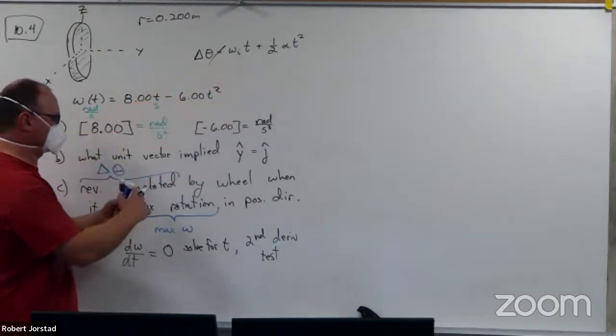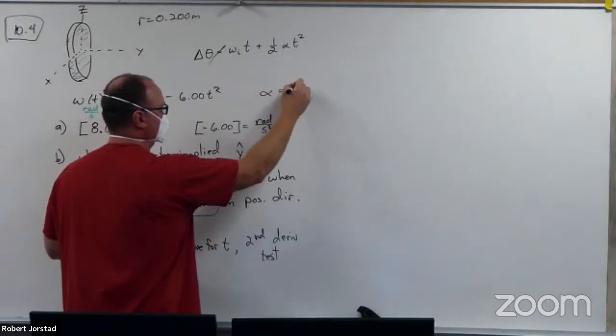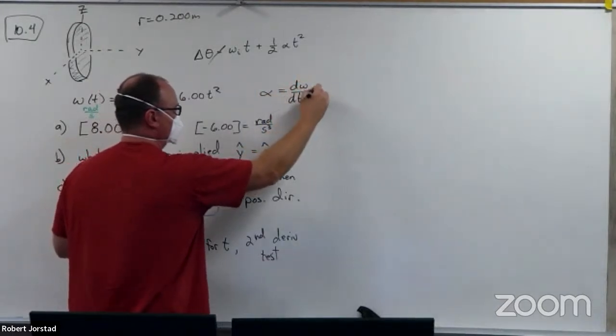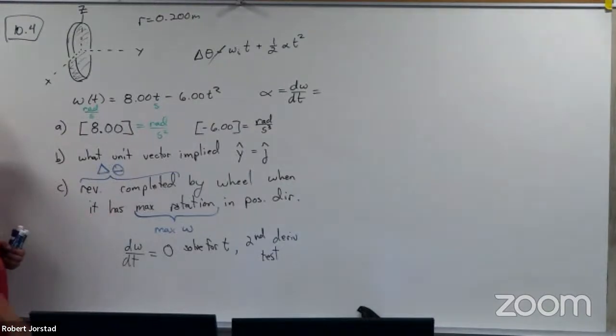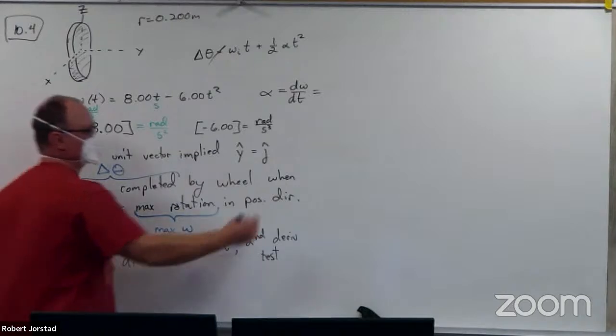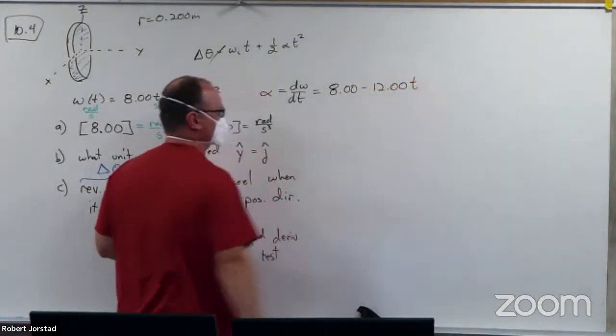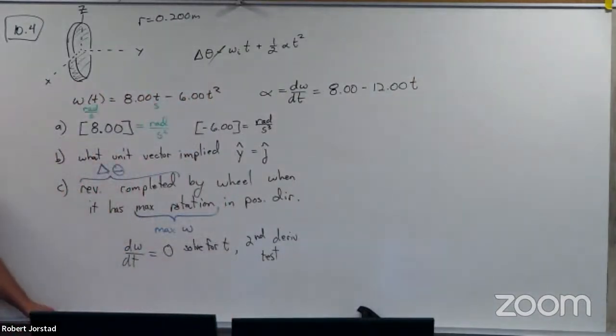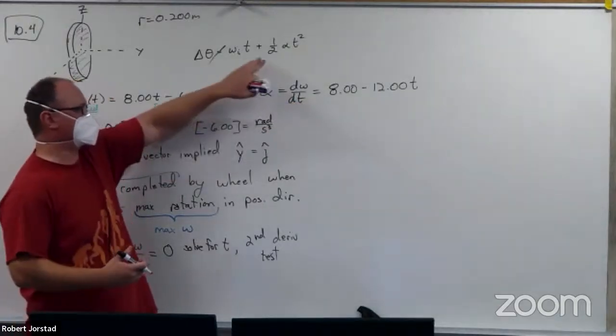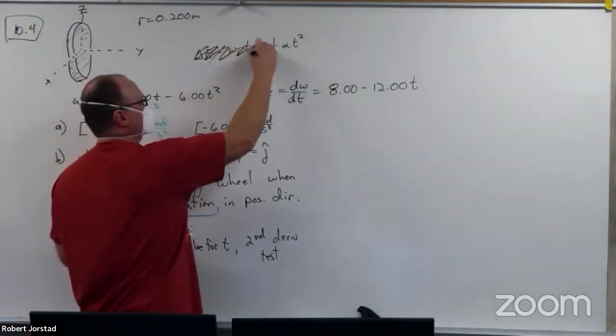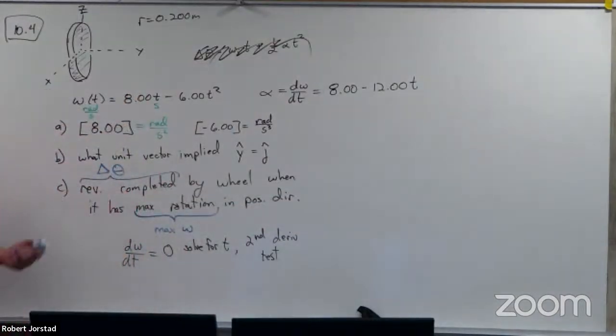Is alpha a constant? How do you get alpha? What is alpha? Which is? Right? Is that a constant? This is not constant, therefore this does not apply. Can't use it. Got it? That's what I'm saying. Is it coming back? Chapter 2?